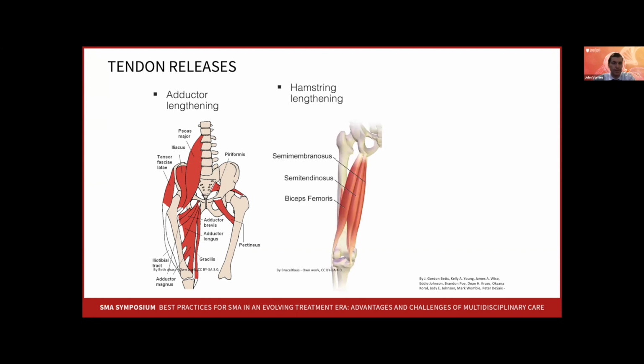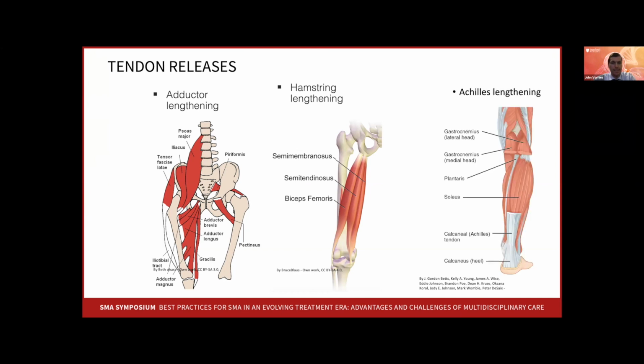For knee flexion contractures, we can often do percutaneous lengthening of the hamstring, so the semitendinosus or the biceps femoris tendon, which allow for more knee extension, and then we can cast in that position. And then for ankle plantar flexion contractures that interfere with shoe wear, we'll occasionally release the Achilles tendon.